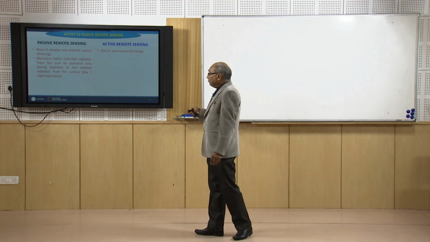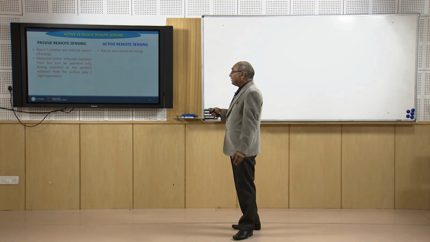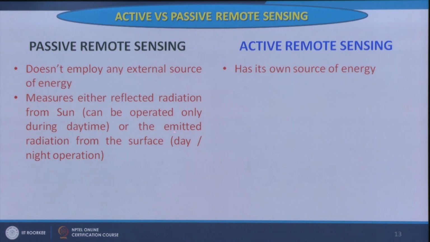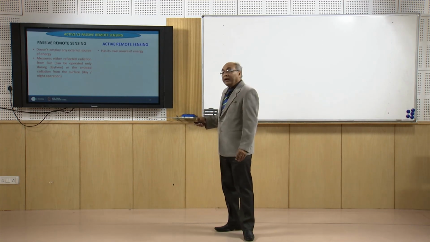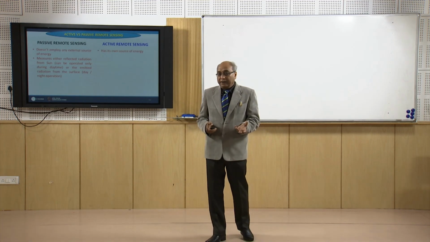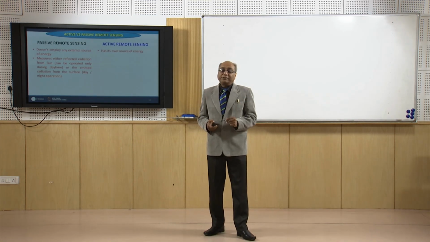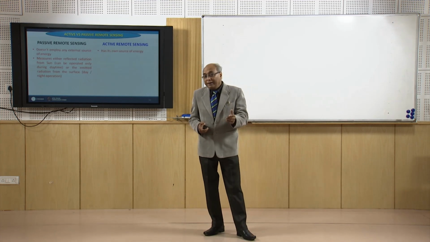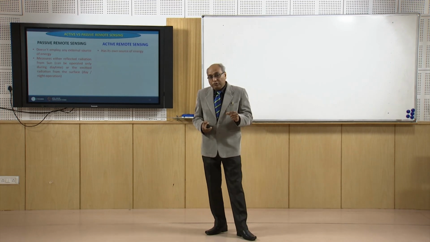Now what passive remote sensing does, as mentioned earlier, is measure either reflected radiation from the sun, which can be operated only during daytime, or the emitted radiation from the surface, day and night. So if you have thermal sensors, you can record the data even at night, like in case of Landsat: after Landsat 4 till Landsat 8, all of these have thermal sensors, and therefore even at night you can record the emitted energy through these thermal channels.